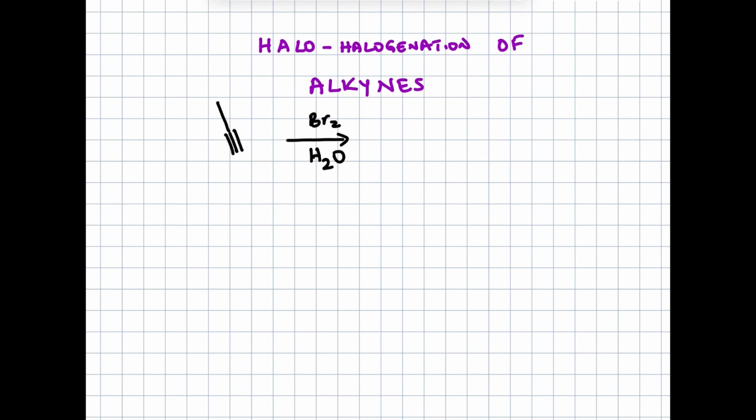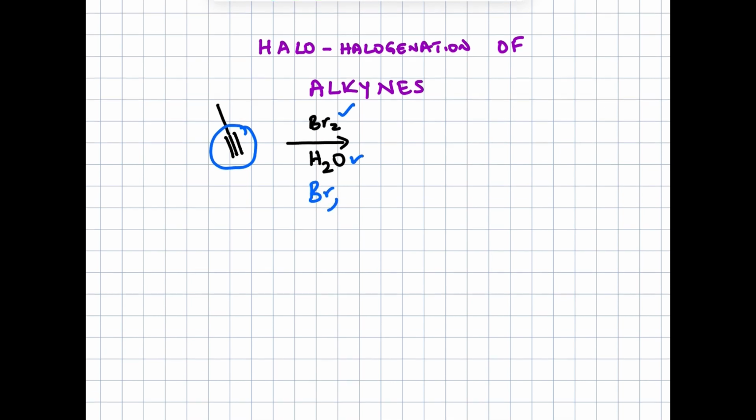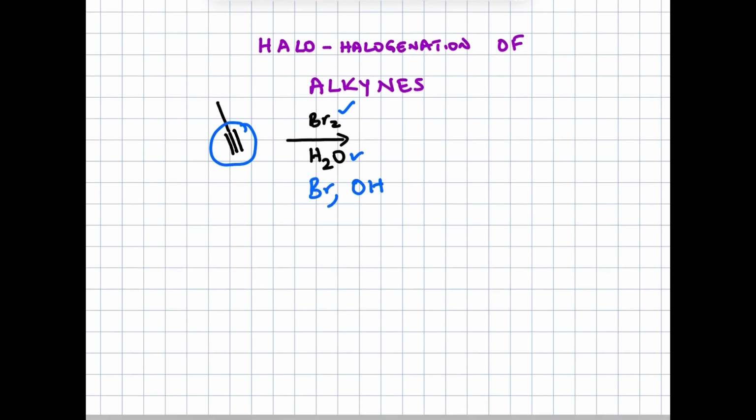And today we're looking at halogenation of alkynes, and alkynes contain a carbon-carbon triple bond. Then when you react that with a halogen like bromine and water, so when you have those two together, you end up adding bromine and OH across the triple bond, and that addition is anti.